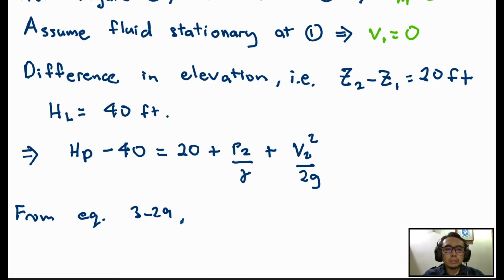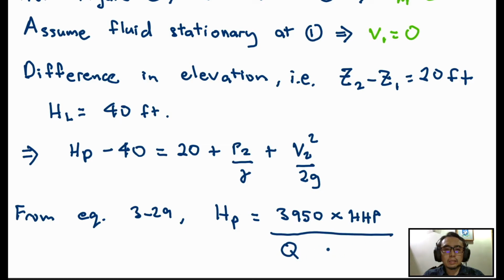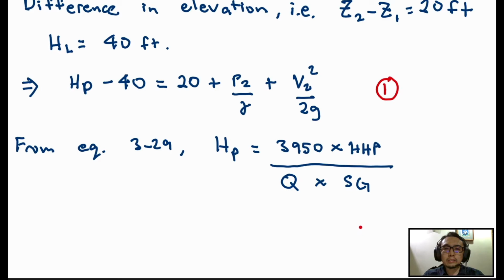Let's look at the parameter HP, which is the head due to the pump. From equation 3.29, we know that the head due to the pump is equal to this equation. Let's label that equation 1.